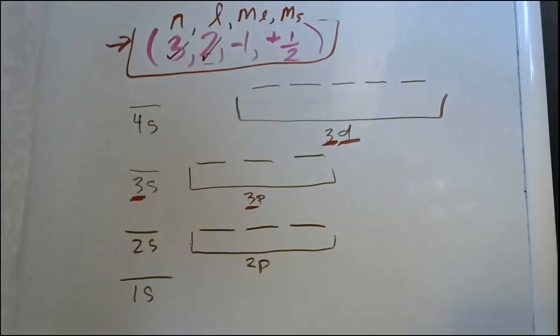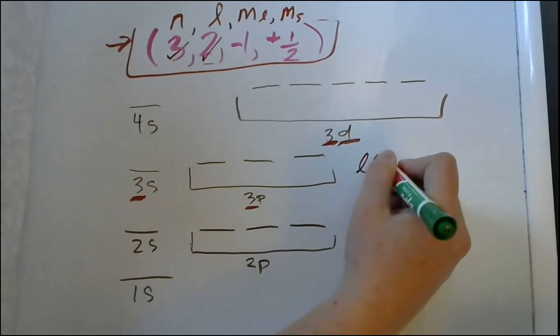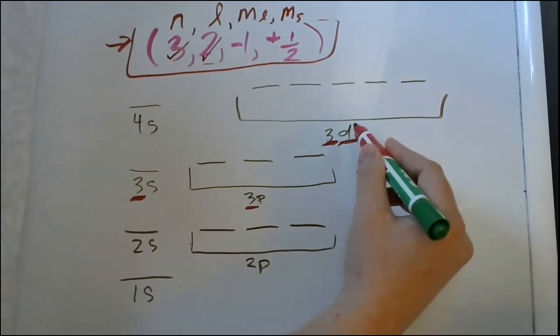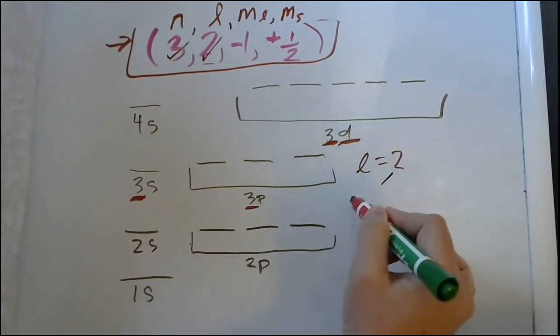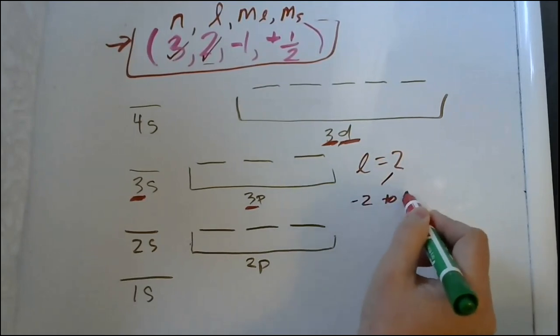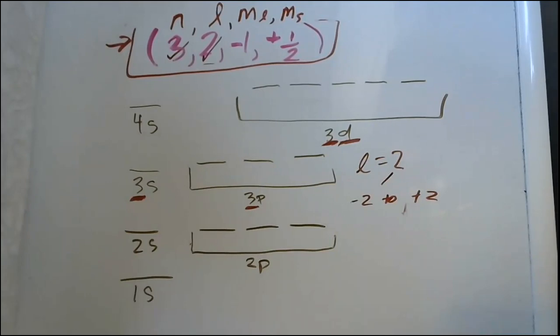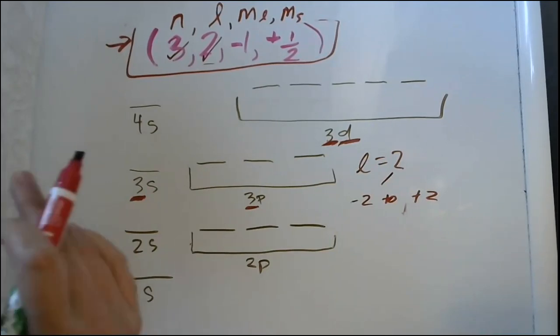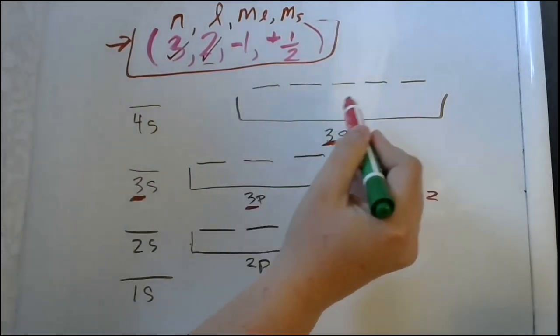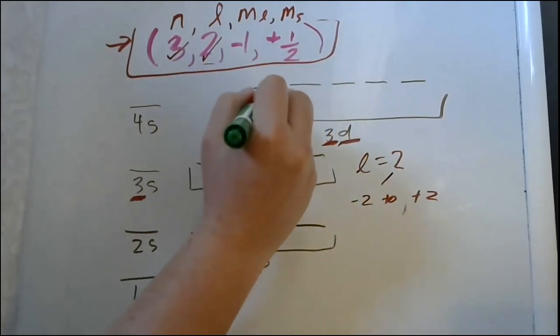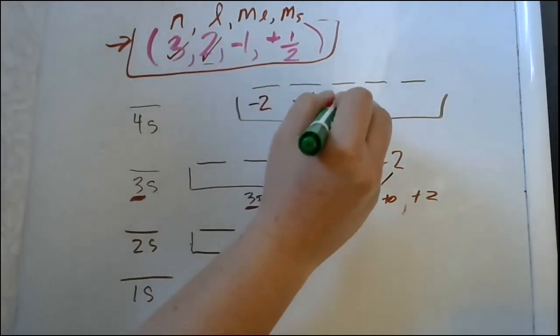Now my m sub L value is -1. Well, if my L equals 2 in my D sublevel, that means my m sub L can be from -2 to +2. So let's look at what that breaks down to in reality. That means that each one of these orbitals has its own designation.